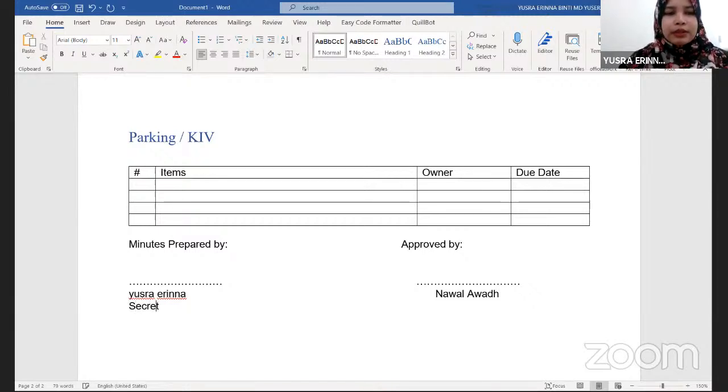For example, I'm the secretary of the English language department. Say it is approved by her, she's my head of department, of the English language department. Okay, so we are done with that.